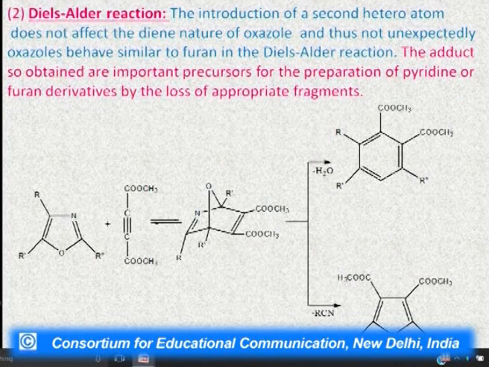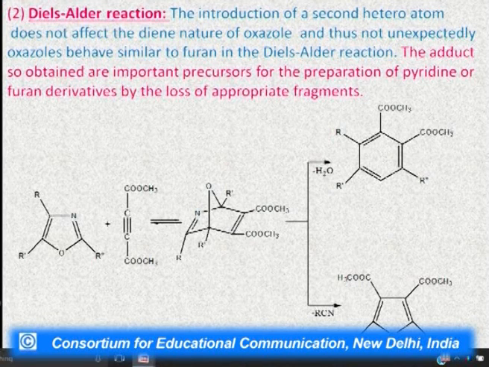Then comes the Diels-Alder reaction of oxazole. The introduction of the second heteroatom does not affect the diene nature of oxazole, and thus, not unexpectedly, oxazole behaves similar to furan in the Diels-Alder reaction. The adducts so obtained are important precursors for the preparation of pyridine or furan derivatives by the loss of an appropriate fragment.